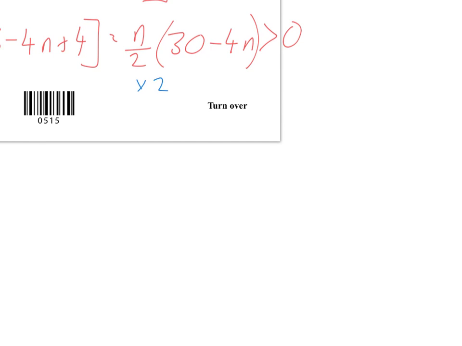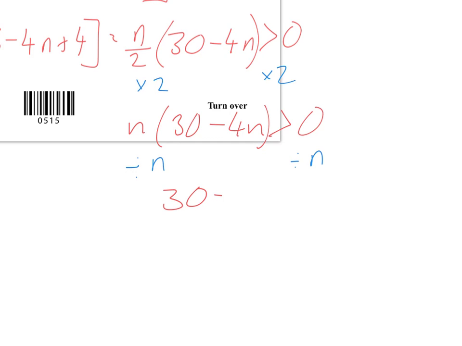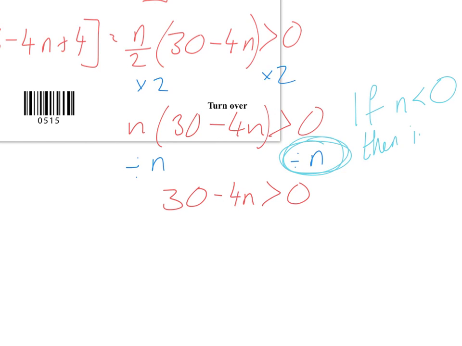I can multiply both sides by 2 to get rid of the 2, giving n times 30 minus 4n is greater than 0. And I can divide both sides by n. And that'll give me 30 minus 4n is greater than 0. And just before I finish this, I want to highlight something, which is that we're okay to divide by n this time, but you must be careful when multiplying and dividing by unknowns in an inequality, because what if n were negative, then the inequality sign would flip.